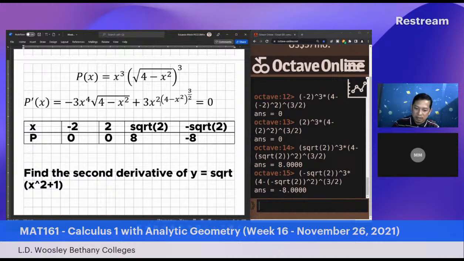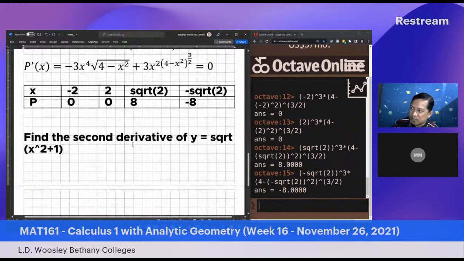Okay? Can you solve this directly, Micaela? First derivative muna tayo. Solve for y prime. Then I will try to solve using MATLAB or Octave. Can you solve for the first derivative muna?